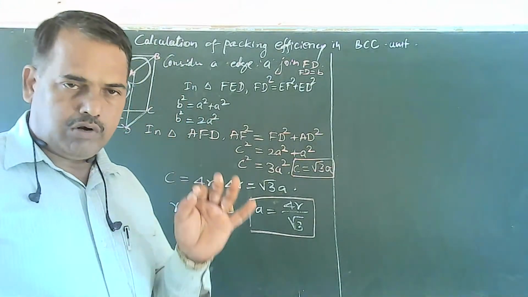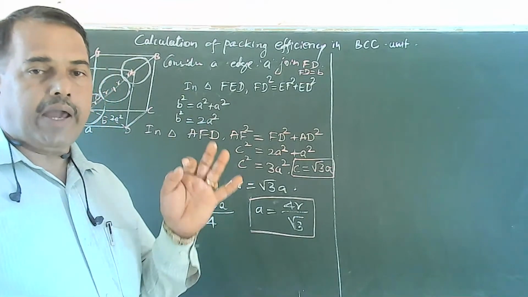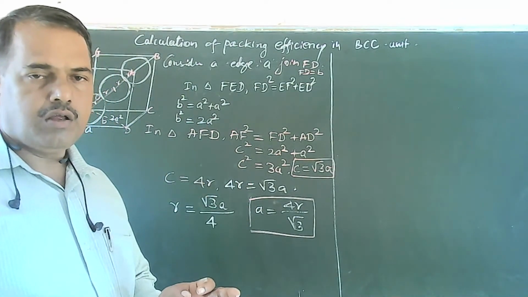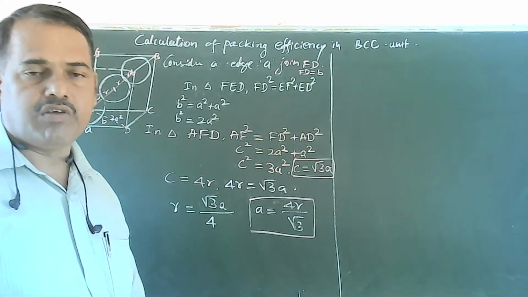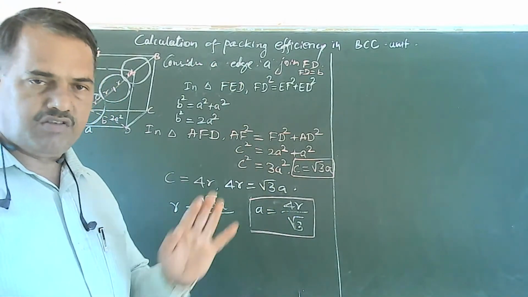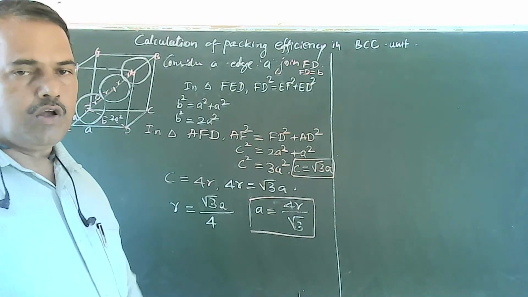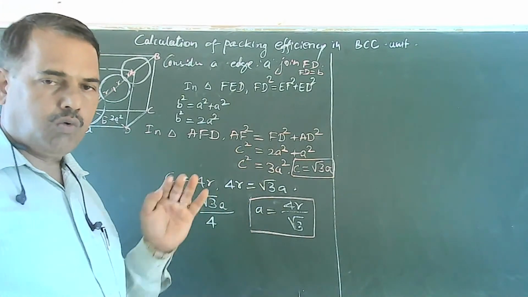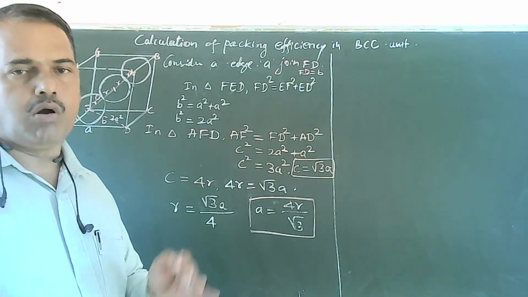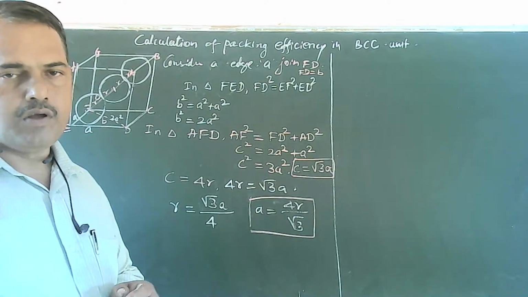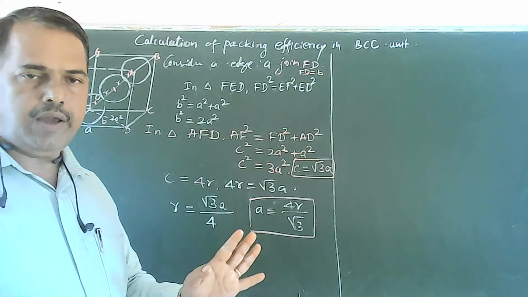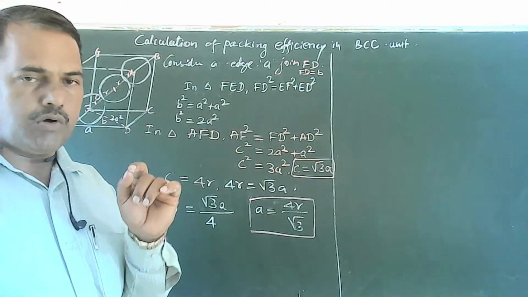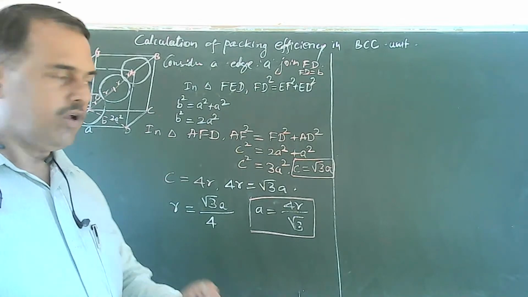Are you clear? We are now calculating packing efficiency in body centered cubic structure, which is nothing but BCC. So we derived what is R and what is A. So you have to draw the cube with edge length A, and take a small construction.